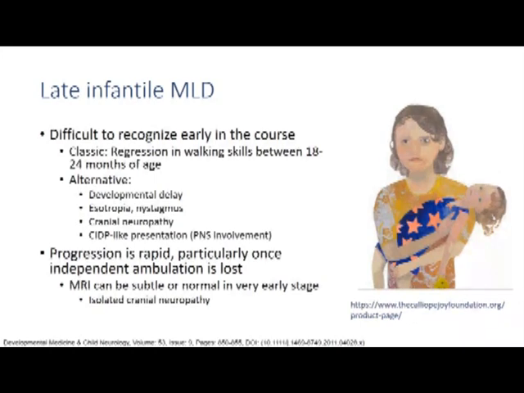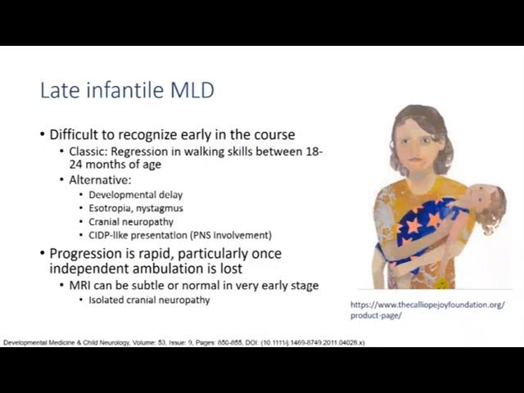Once children lose independent ambulation, the motor and then cognitive progression can be quite rapid. Although I'd like to point out the MRI can be subtle or even normal very early in the stage of disease. And so in children, for example, with an isolated cranial neuropathy or esotropia, those first MRI images can be normal or near normal.